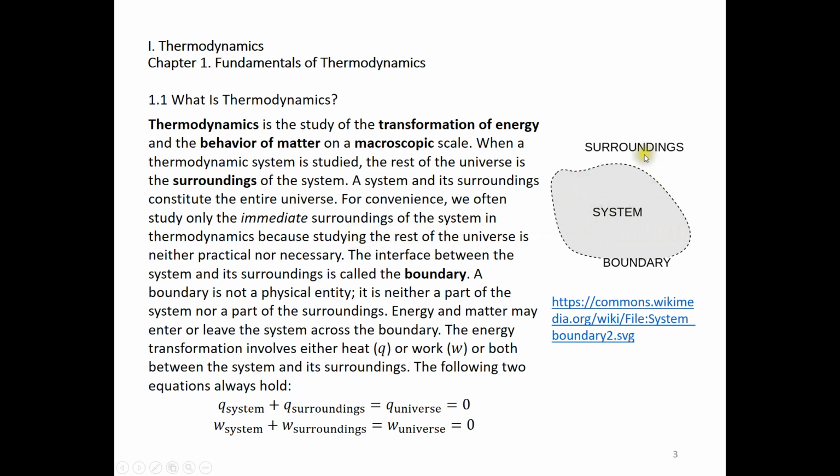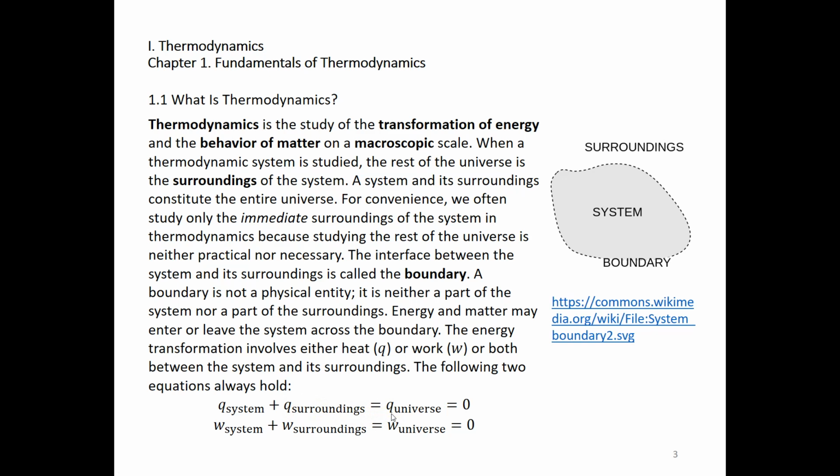Now, we can tell the system plus its surroundings is equal to the entire universe, because of the definition of the surroundings: the rest of the universe. So if we look at some thermodynamic properties such as heat or work, we have these 2 equations. The heat that flows into the system plus the heat that flows into the surroundings is equal to the heat that flows into the universe.